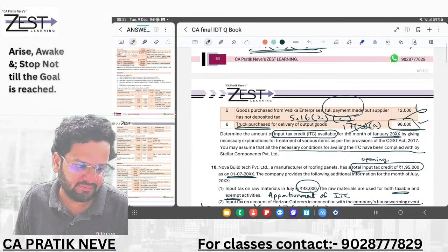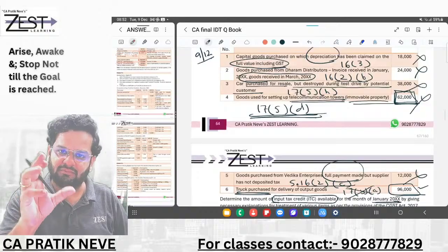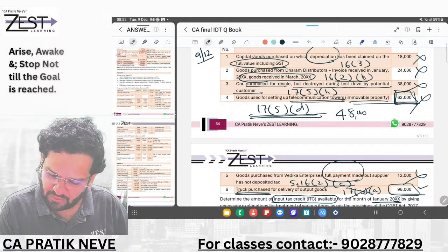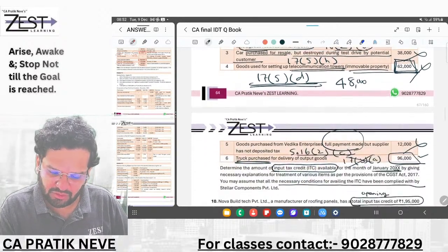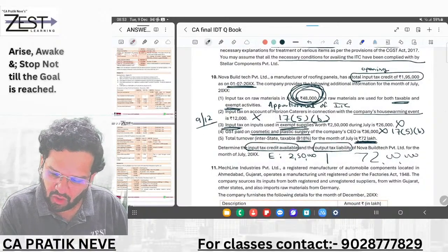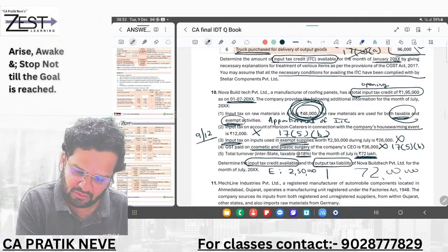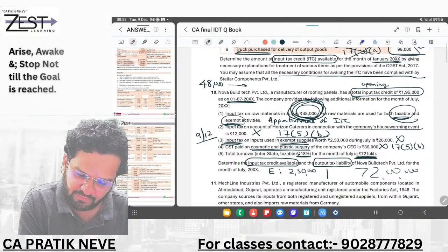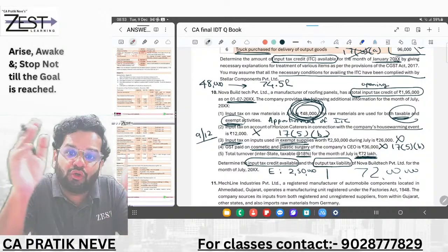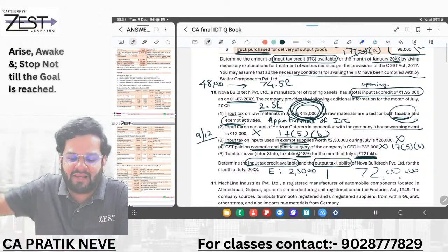So whatever was common, like 48,000, check, which 48,000? This 48,000 was used for both taxable and exempt. So 48,000 was used for 74.5 lakhs, but we don't deserve ITC on supplies worth 2.5 lakhs.